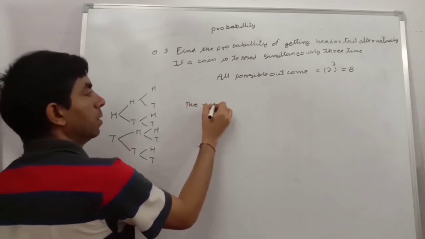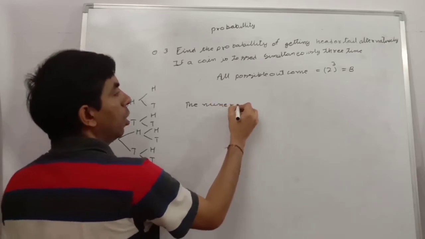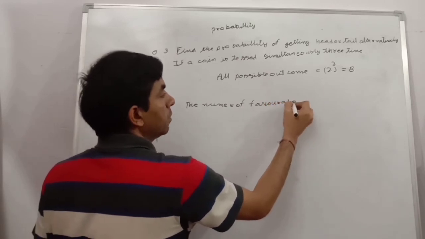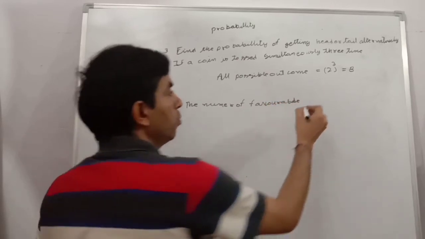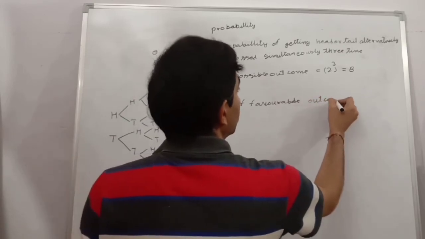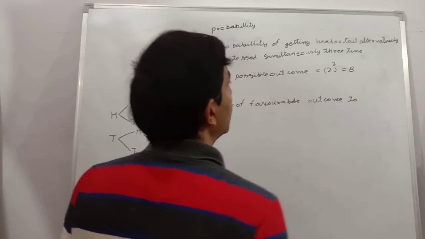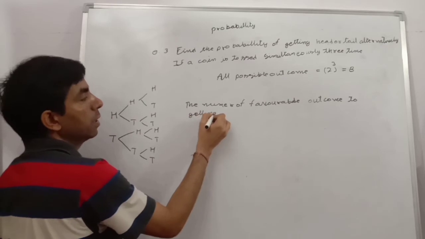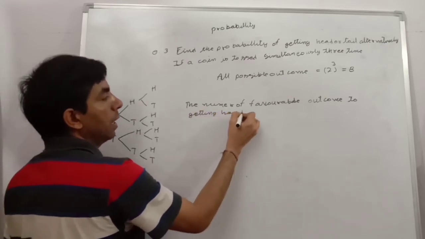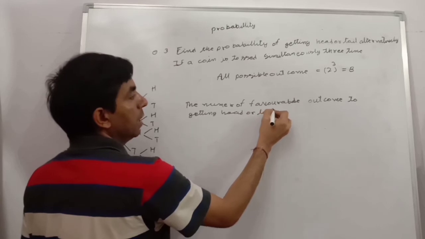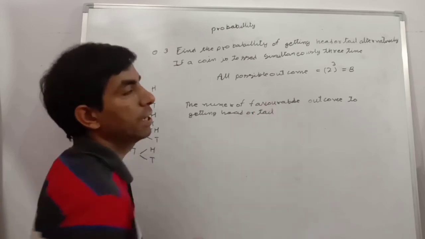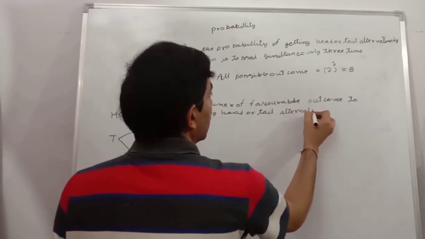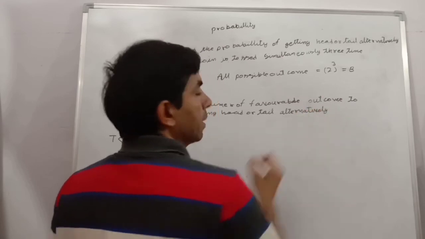Now we have to check the number of favorable outcomes for getting head or tail alternately.